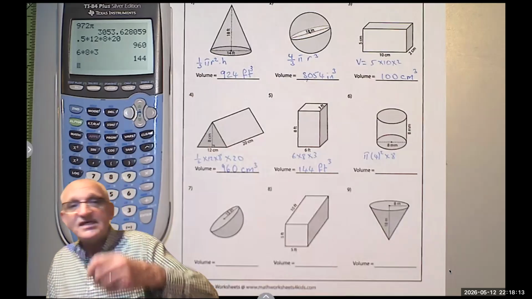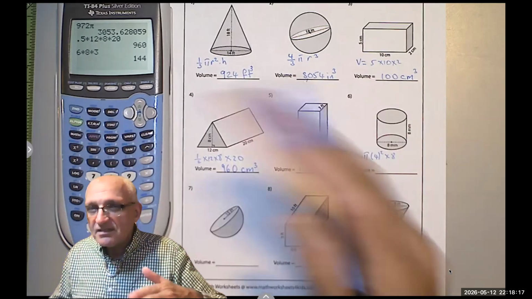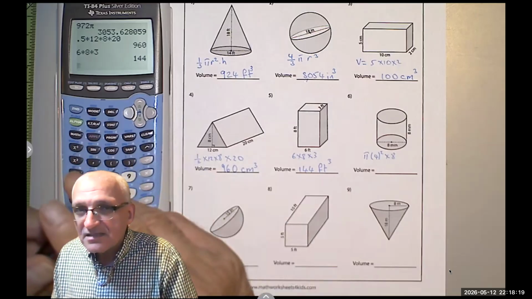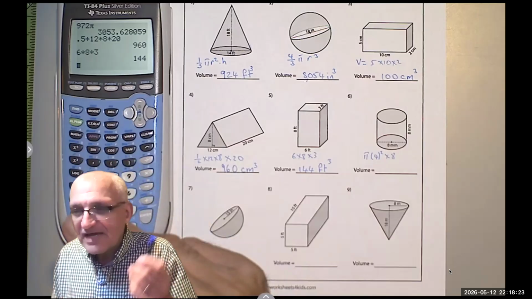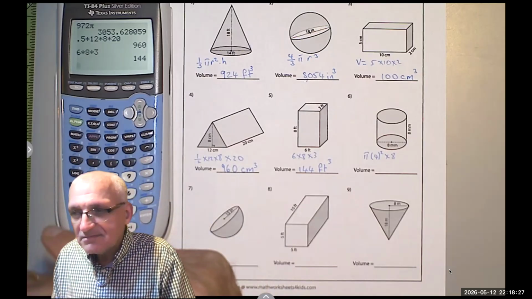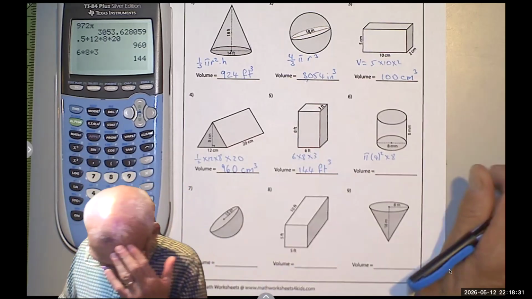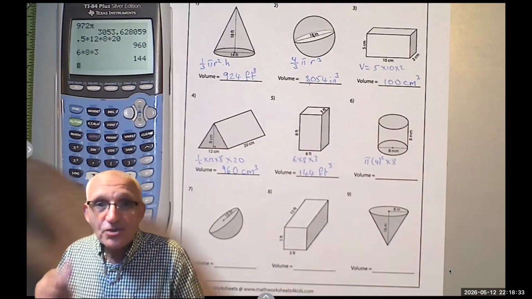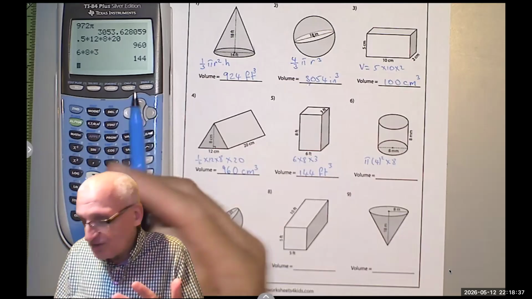And you would understand why we divide by 3, not by 2, like in areas, and probably you would learn that later. In fact, when you take calculus, there is a video I'm showing. It's called Pappus's theorem, and Pappus's theorem will give you the volume.